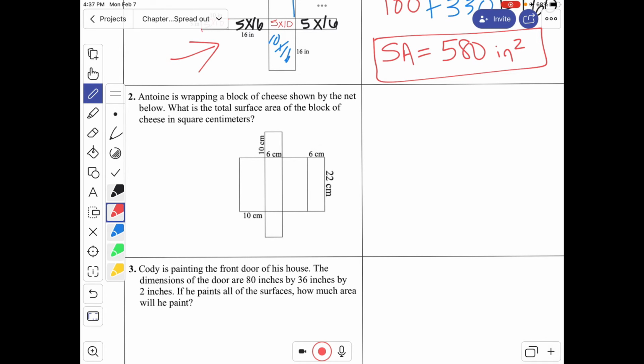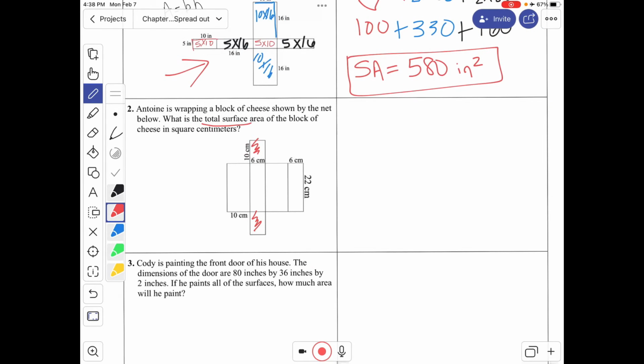Tuan is wrapping a block of cheese shown by the net below. What is the total surface area of the block of cheese in square centimeters? So let's start with these 2 little tiny squares. So again, we start with surface area equals, and it's going to be 2 times the base is 6 and the height is 10, plus, let's go for this one over here, and there's 2 of that one also.